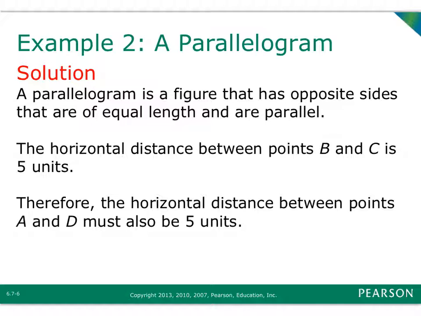Well, if you will recall, B is the point (2, 4), and C is the point (7, 4). Therefore, 7 minus 2 is equal to 5 along the x-axis.